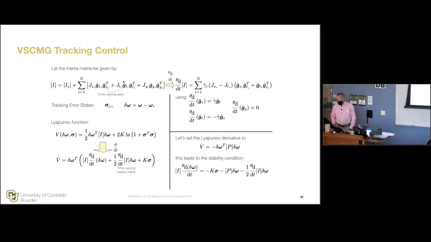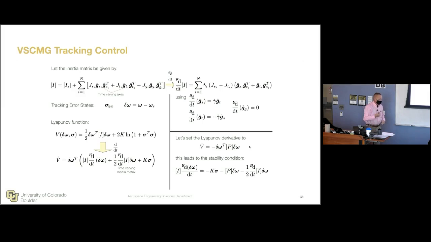As before, this gives us a V dot. We would plug it in here, and we're going to set it equal to something negative semi-definite for the system. Because we will be factoring out rates again, this is a second order system, so my Lyapunov function is in terms of states and rates.